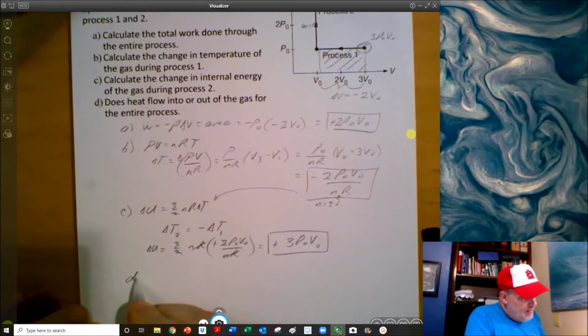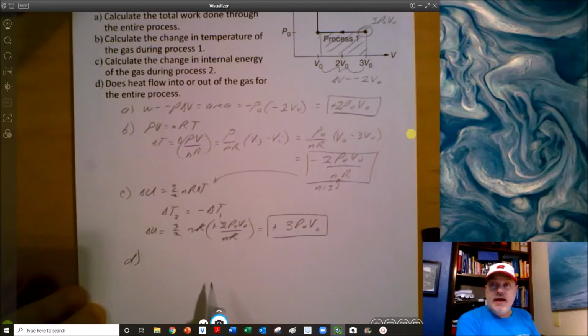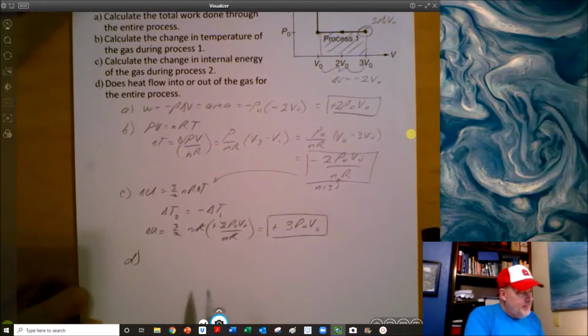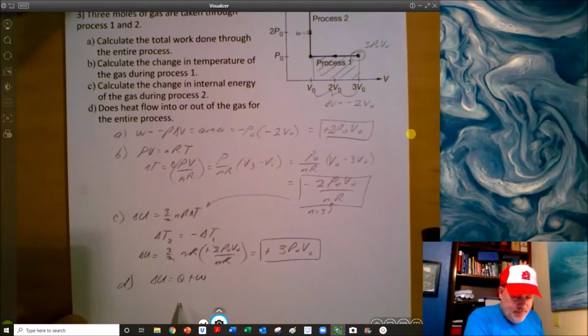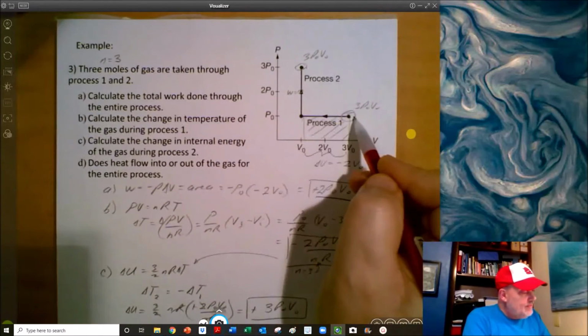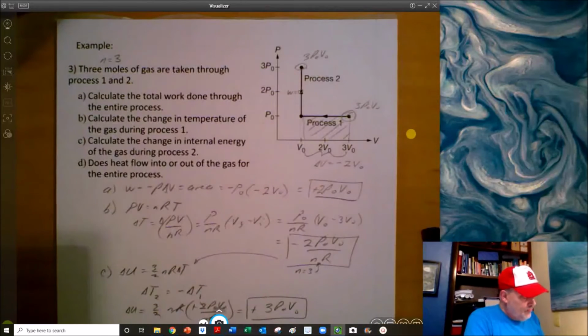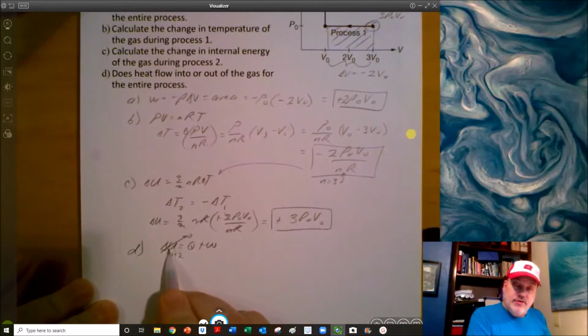All right, part D, the last part, says, does heat flow into or out of the gas for the entire process? Well, let's find out. For the entire process, that's delta U equals Q plus W. And again, we start and end at the same exact temperature. So for the entire process, from 1 to 2, there's no temperature change, so the internal energy change is 0.